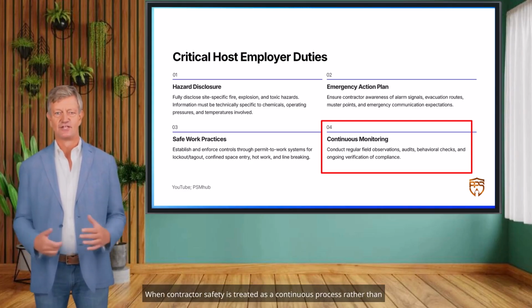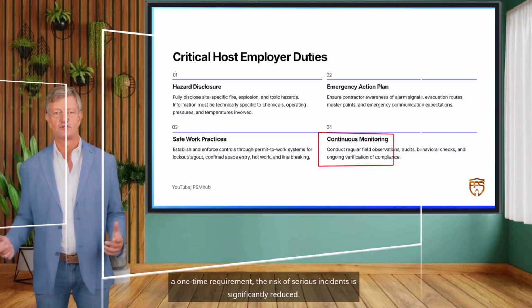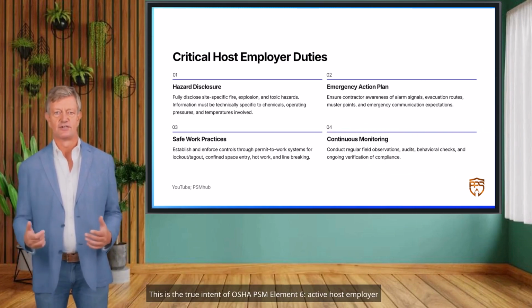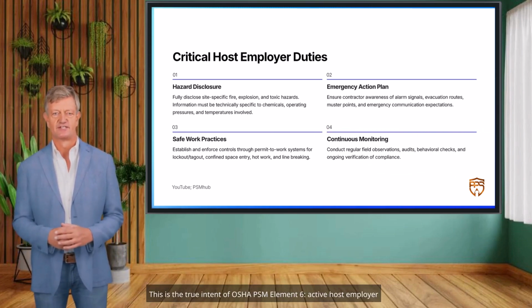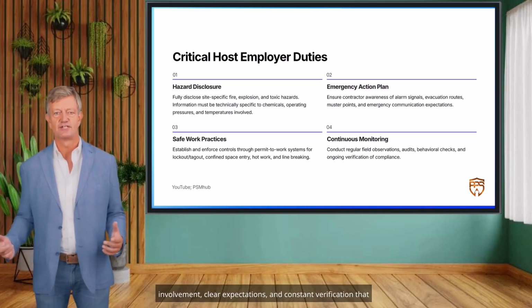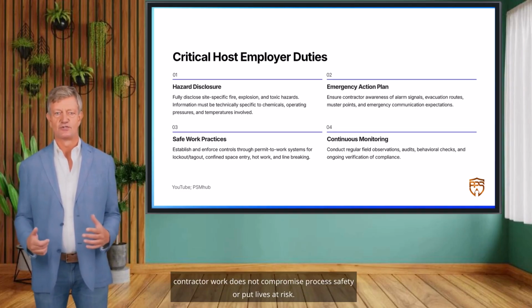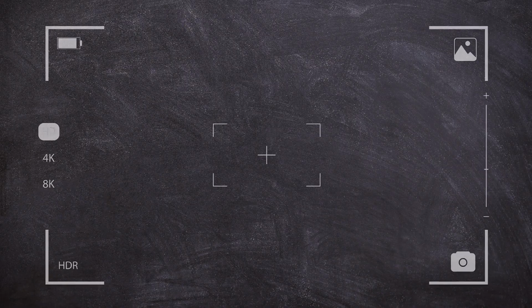When contractor safety is treated as a continuous process rather than a one-time requirement, the risk of serious incidents is significantly reduced. This is the true intent of OSHA PSM Element 6. Active host-employer involvement, clear expectations, and constant verification that contractor work does not compromise process safety or put lives at risk.